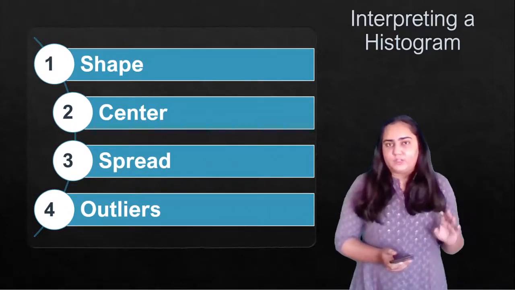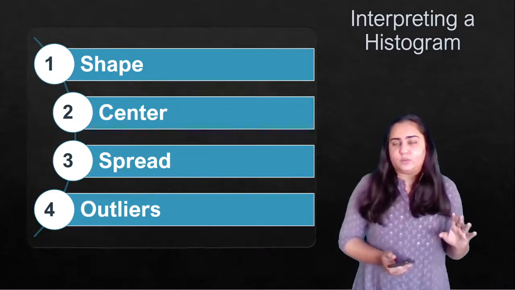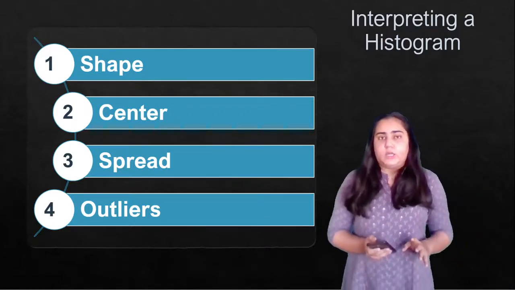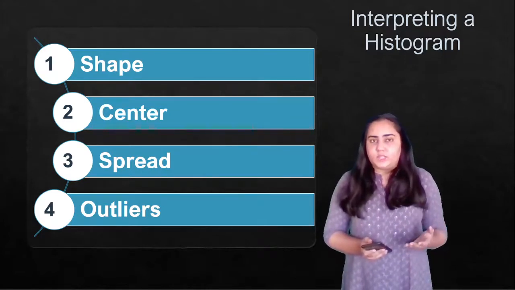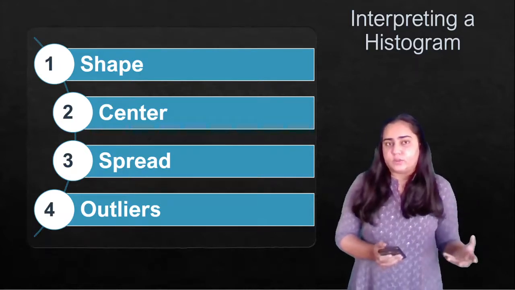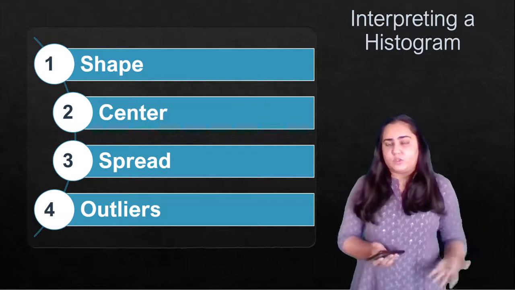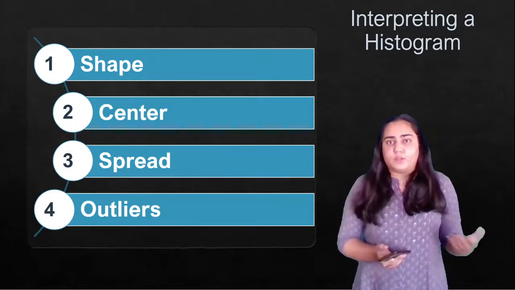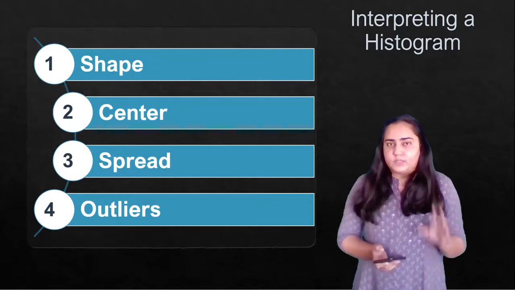So there are three things to remember: how symmetric the histogram is when you're looking at the shape, how skewed it is, and how many peaks it has. Is it unimodal? Is it bimodal or multimodal? Sometimes it can have several modes, not just two. It can have more than two. So that is what the shape of a histogram tells you.